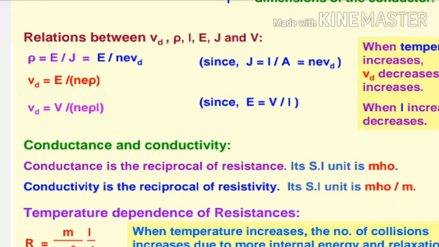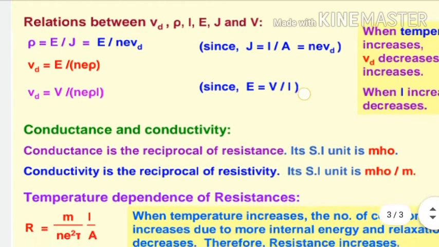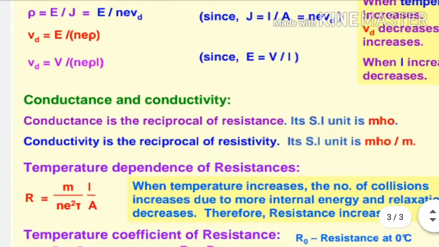So E by J equals rho, which also equals E by nev_d. Now v_d equals E upon ne rho. This is another formula which relates v_d, E, n, e and rho. Also v_d equals V upon ne rho L, since E equals V upon L. This is the formula for the potential gradient in terms of the electric field.